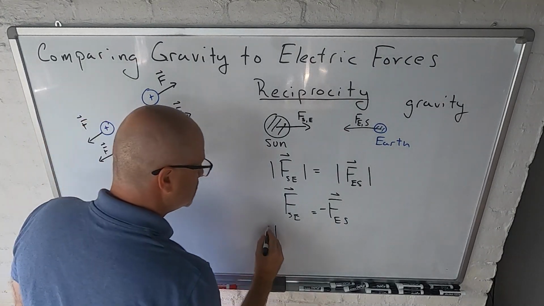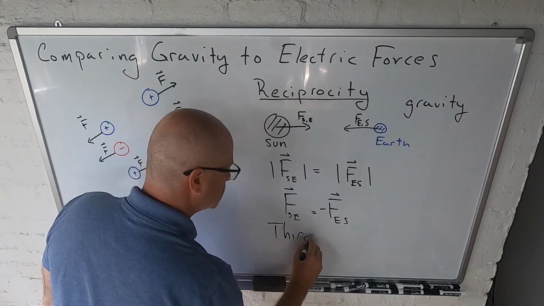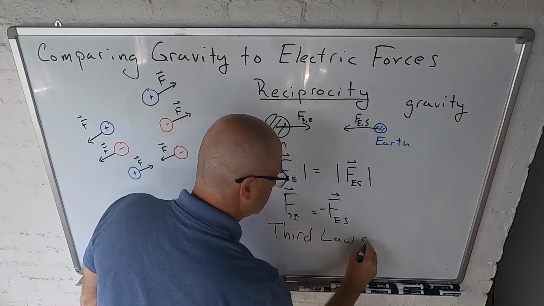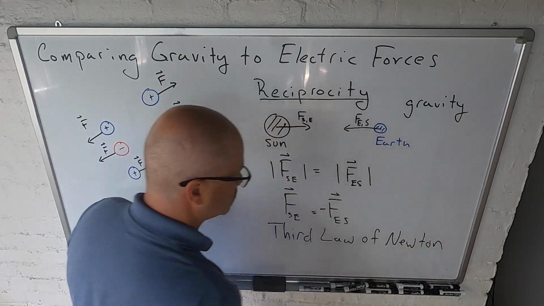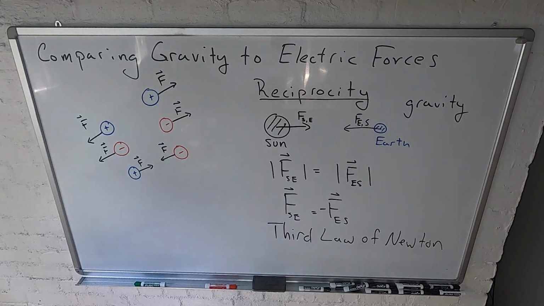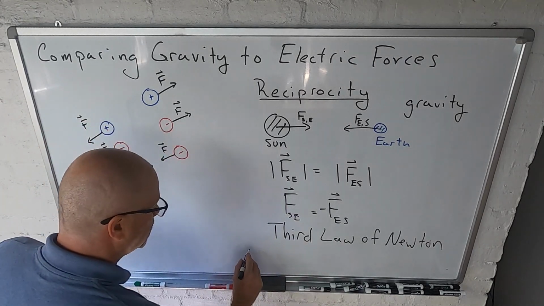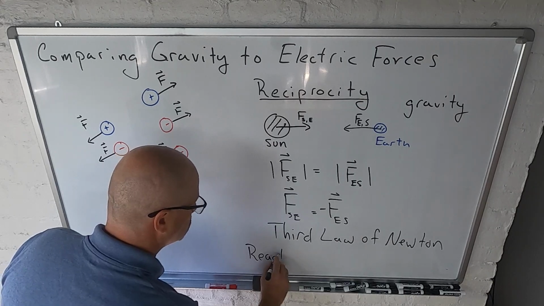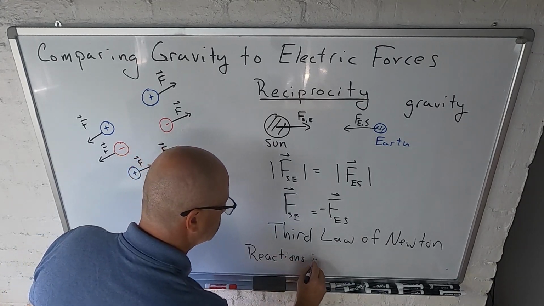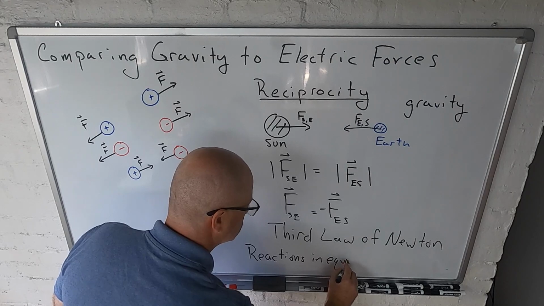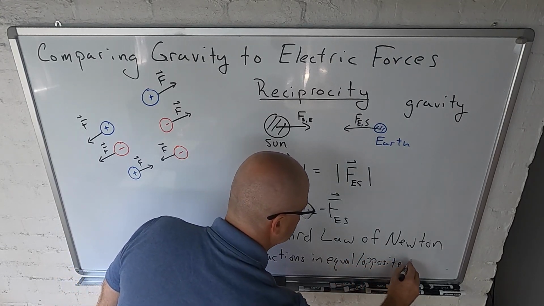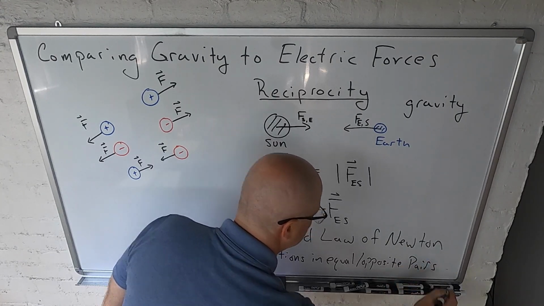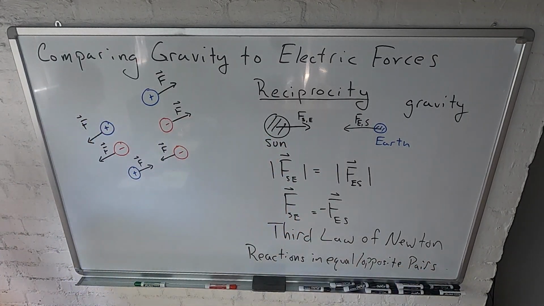And this is also the third law of Newton. It's another way of saying reciprocity. Reactions come in equal and opposite pairs. Okay? All right, so that's the idea of reciprocity.